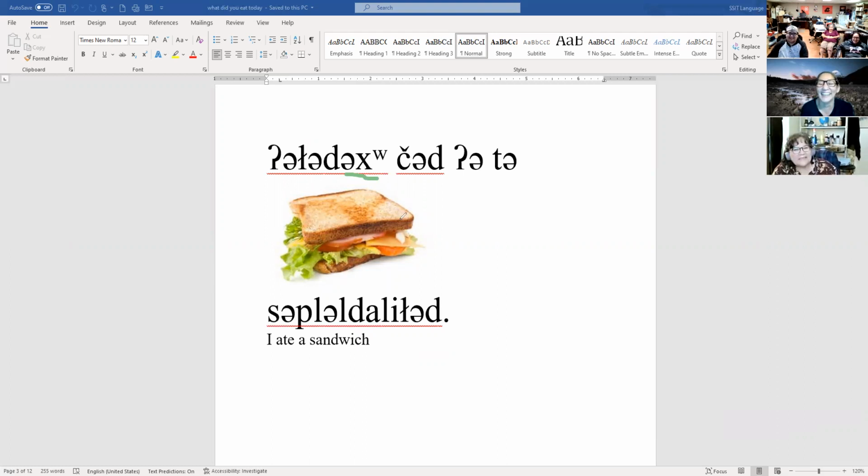We'll get into that later. There are a lot of prefixes and suffixes you can add to this part to add more definitions, like I continually eat this, I habitually eat this, I obsessively eat this.